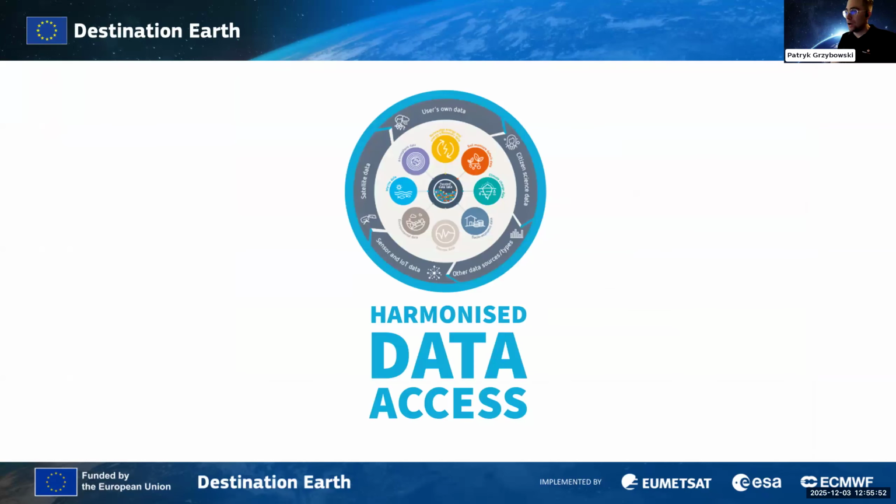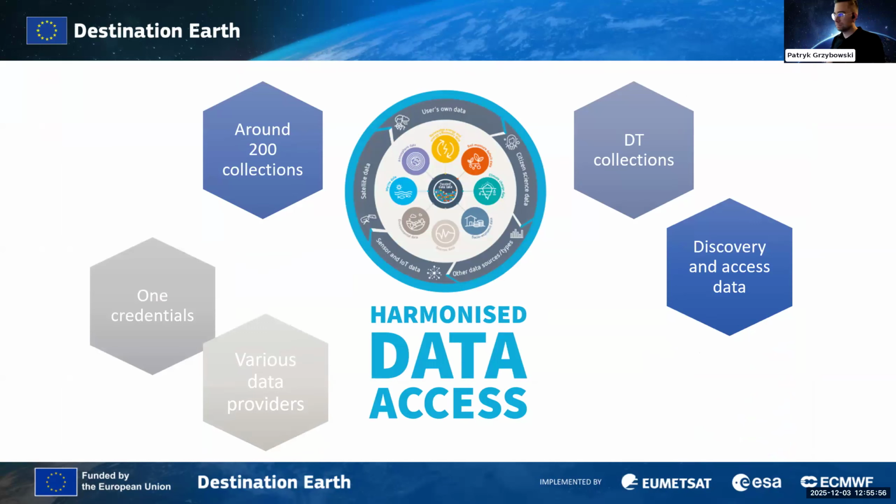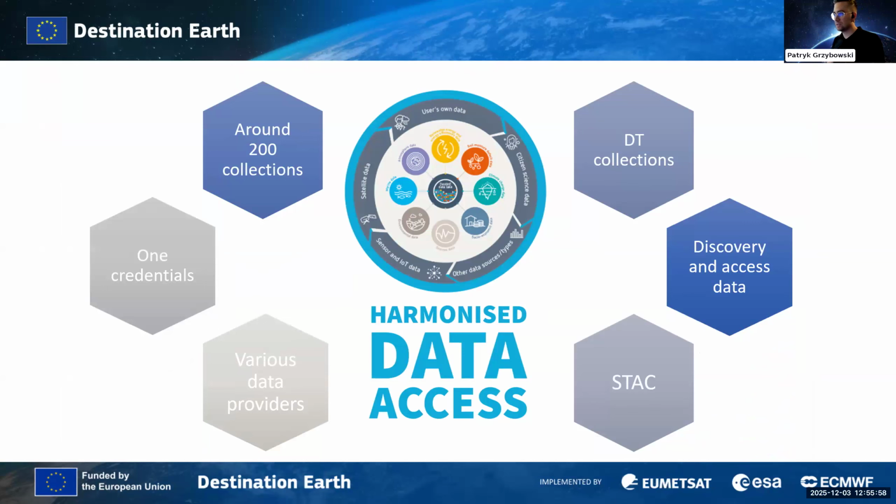Okay. In fact, I've already reminded you about harmonized data access. The most important thing was this: one credentials, one API, around 2,000 collections, of course including digital twin data. A very, very convenient tool.